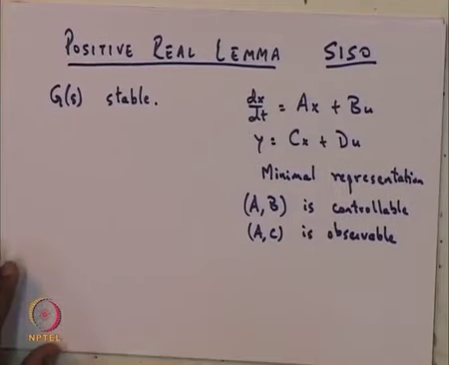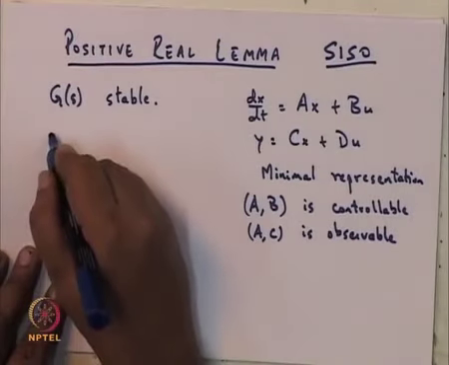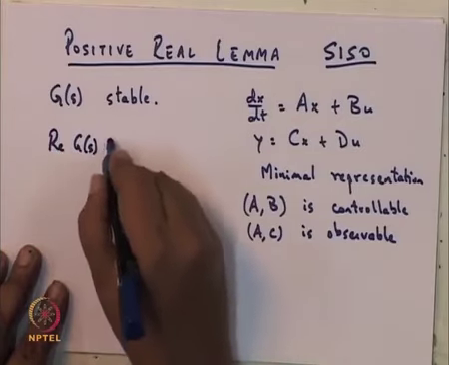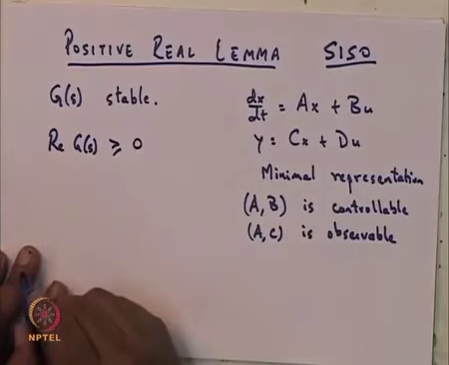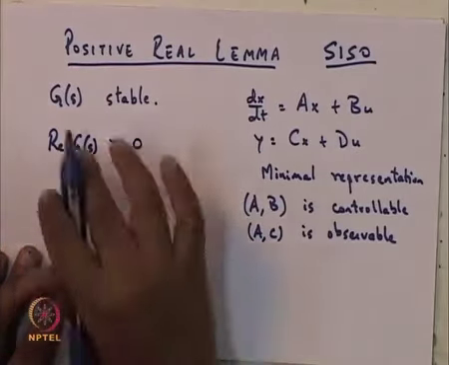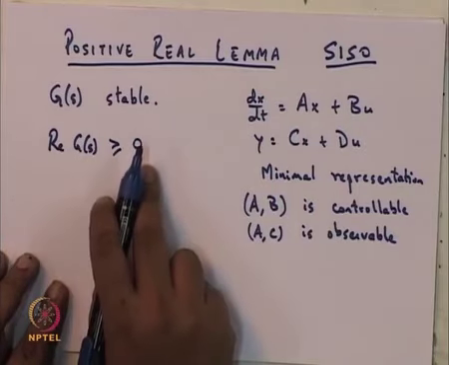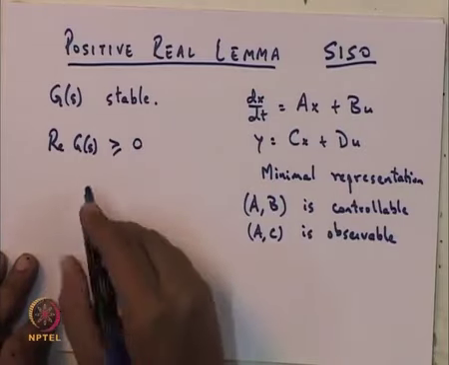Okay. Then the real part of G(s) is greater than or equal to 0. G(s) is already stable, that we have assumed.